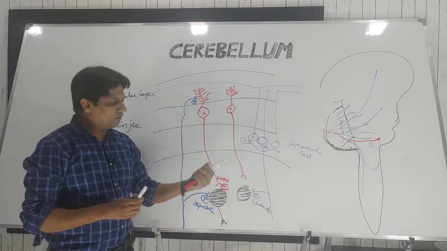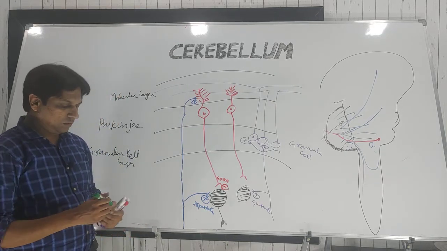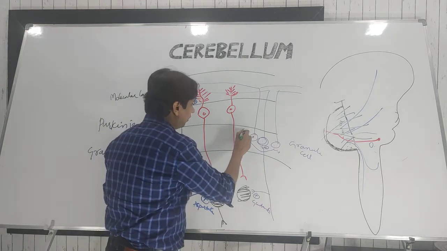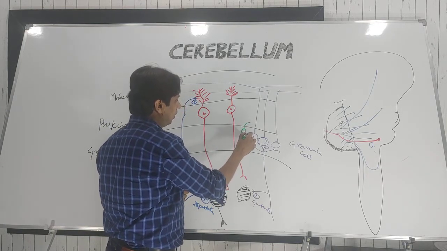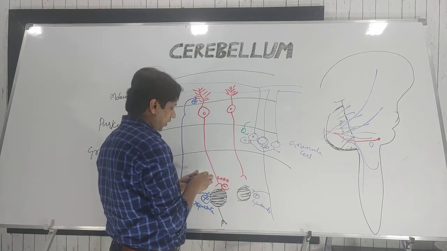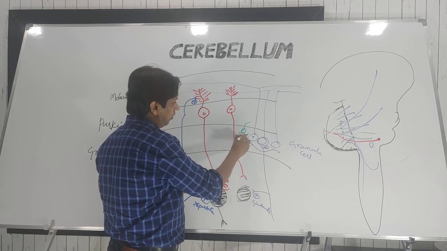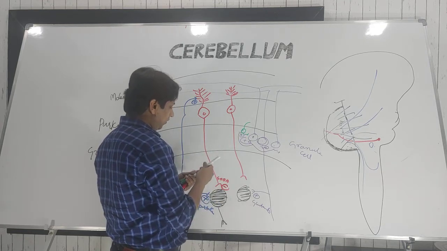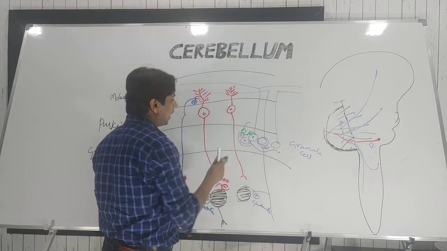Now in this granular layer, there is one more type of cell present, known as Golgi cells. The mossy fibers also stimulate the Golgi cells, whereas the Golgi cells will inhibit the granule cells.